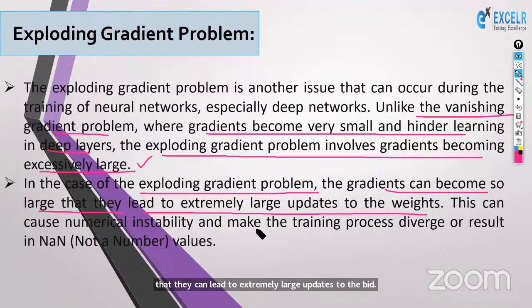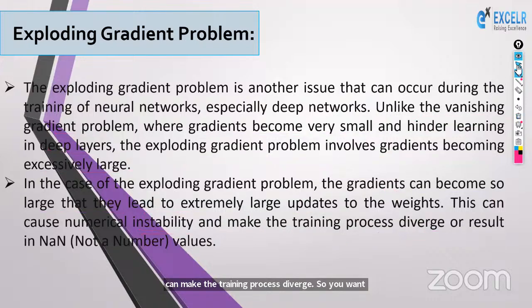So both are issues. If your weights are being adjusted very slowly because the gradients are very small, that is one issue. And if the gradients are very large, that is again another issue in getting the optimal value of the weights. This will lead to model instability, and it can make the training process diverge, so you won't get the optimal result, right?